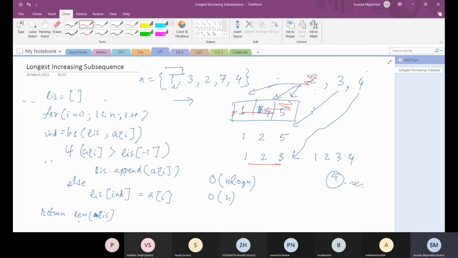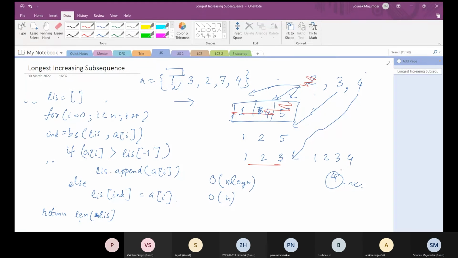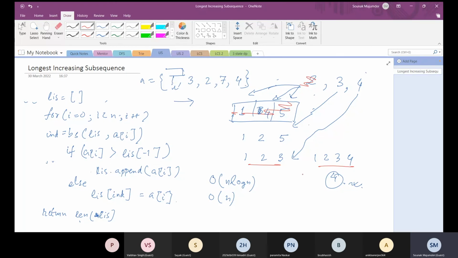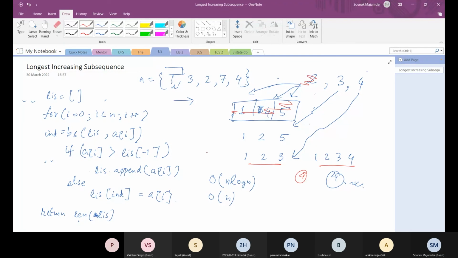We can obviously add 4 in place of the 5, but that doesn't increase the length of the subsequence. If we have changed 5 to 3, then we can add a 4 to the end, and the length of the LIS becomes 4 in this case. Okay, so that's how this approach works, and you can check it using different cases.